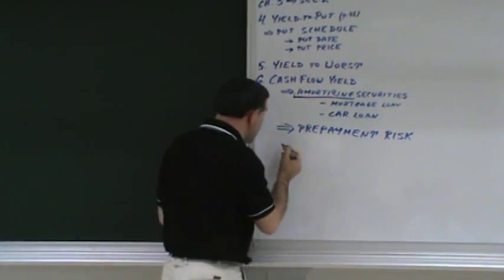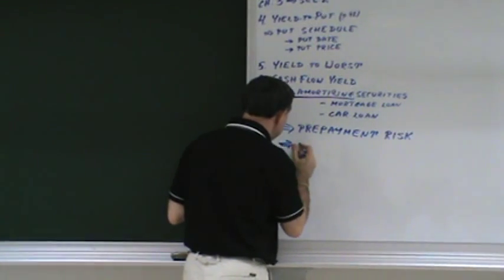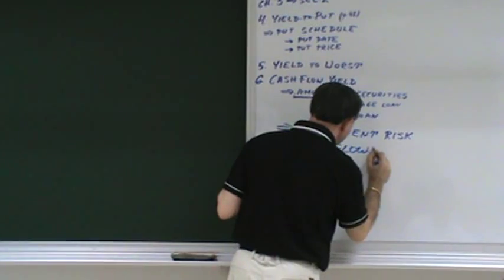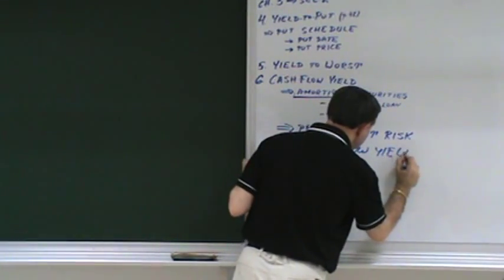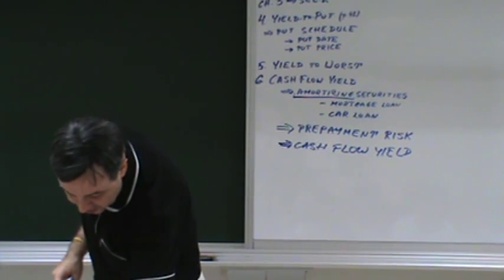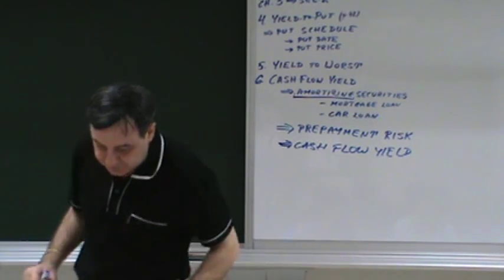And from here, you get the cash flow yield. This is page 43.